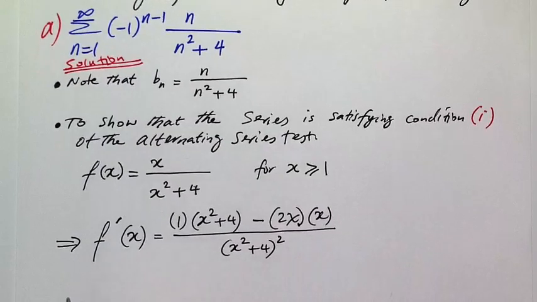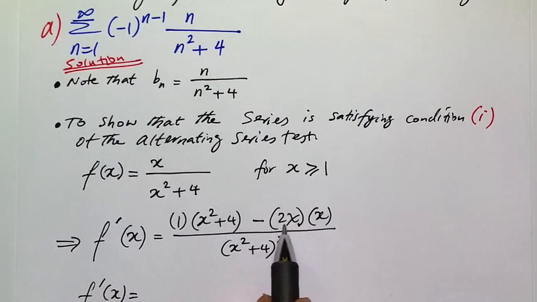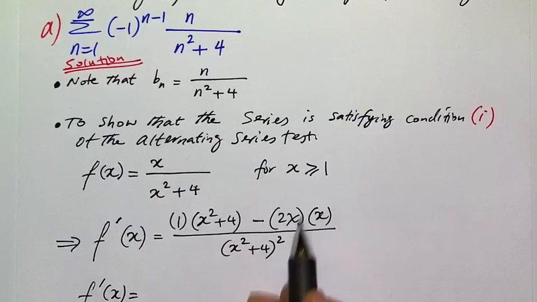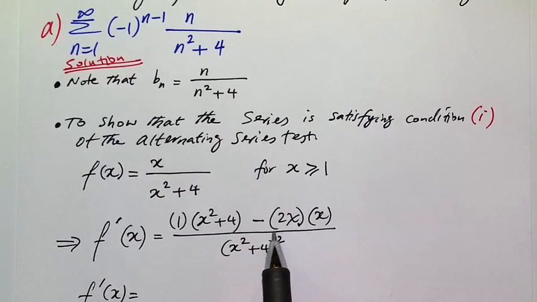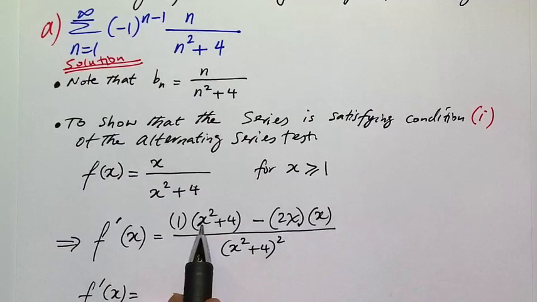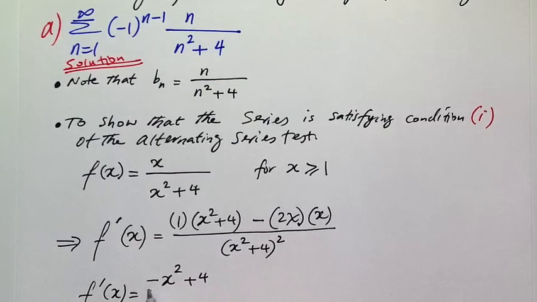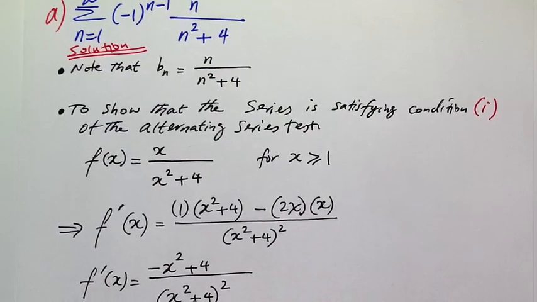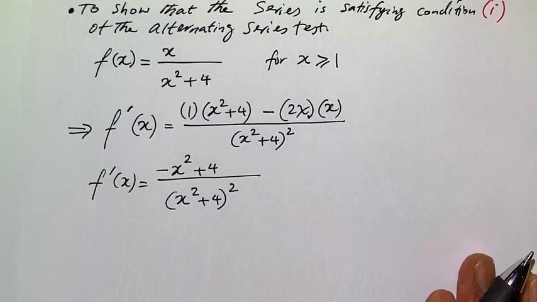So we have the first derivative equals x squared plus 4 minus 2x squared. If we simplify all of this at once, minus 2x squared plus x squared, we get minus x squared plus 4, divided by x squared plus 4 squared. I apologize, I was off the screen.